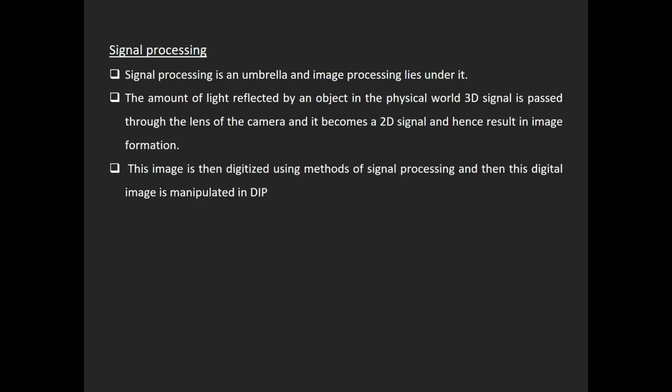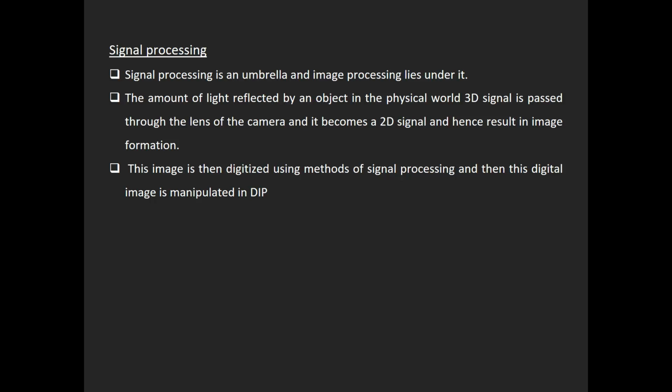The amount of light reflected by an object in the physical world is a three-dimensional signal. The three-dimensional signal is passed through the lens of the camera and it becomes a two-dimensional signal. Hence the result is an image formation.